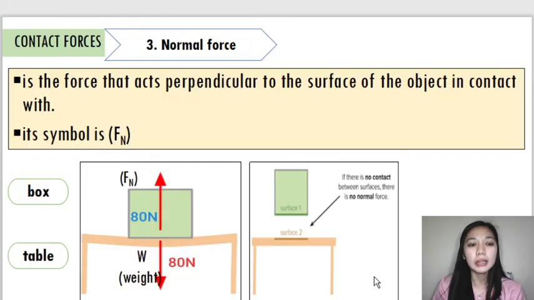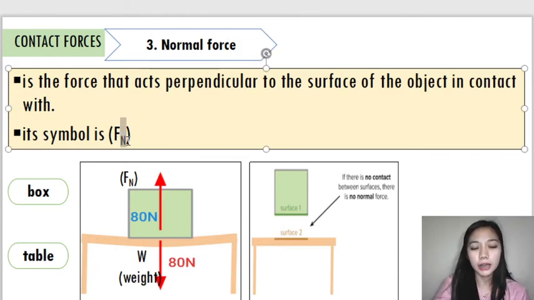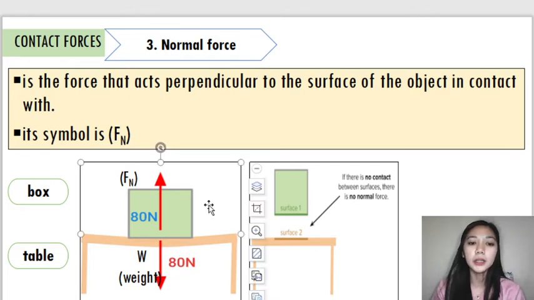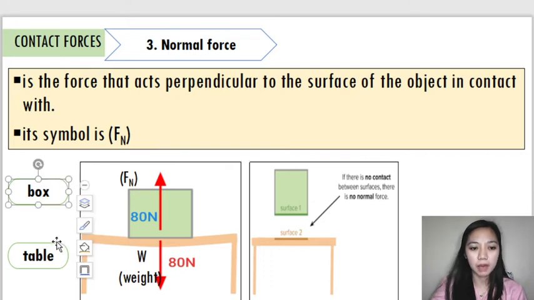Okay. Next example of contact forces is what we call a normal force. And a normal force is the force that acts perpendicular to the surface of the object in contact with. Ang symbol naman nito ay letter N, capital letter N. Let me give you an example. Sa example na to, we have two objects, box and we have a table.